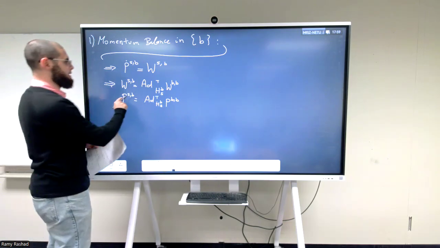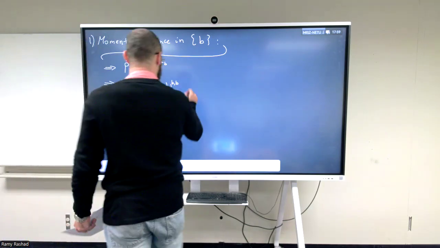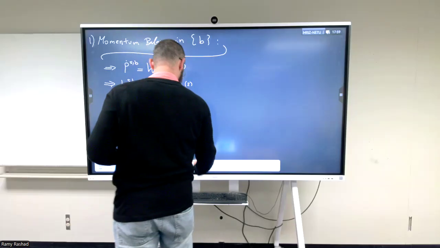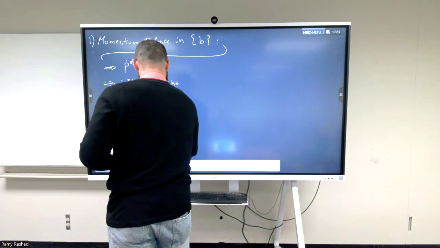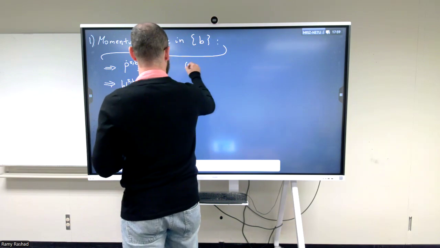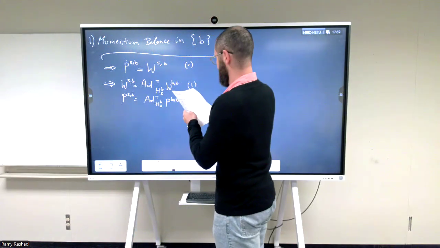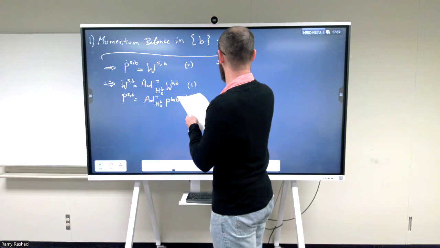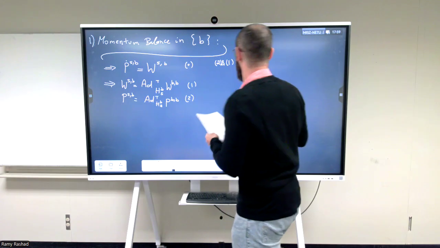So if you take this expression and plug it in there, let's call this equation 0, this is 1, and this is 2. Now if we take equations 2 and 1 and substitute them in 0, this is what we get.